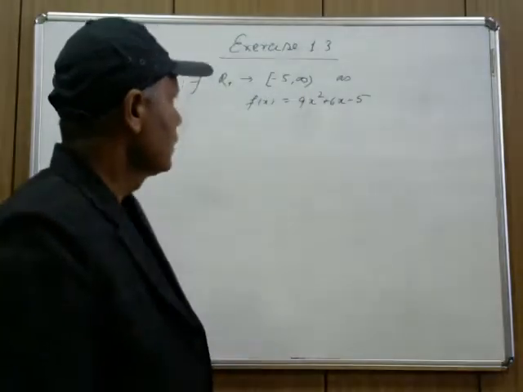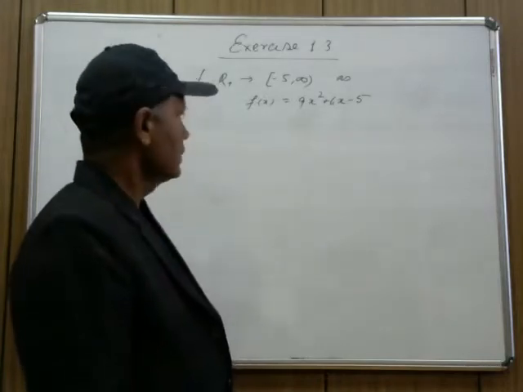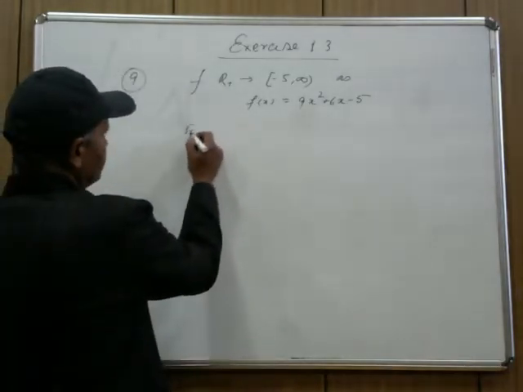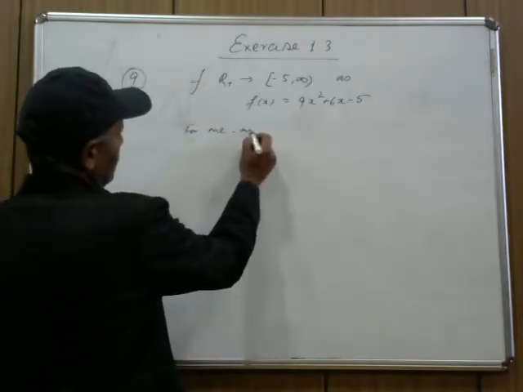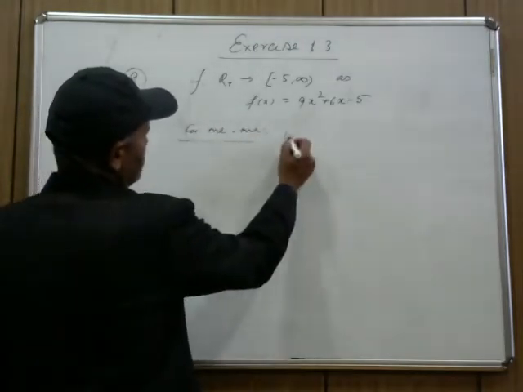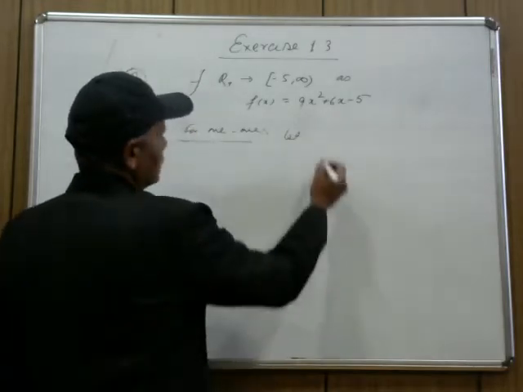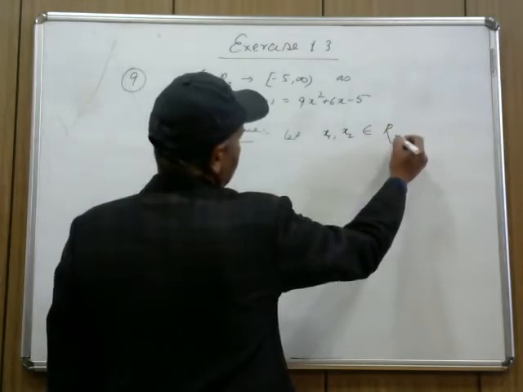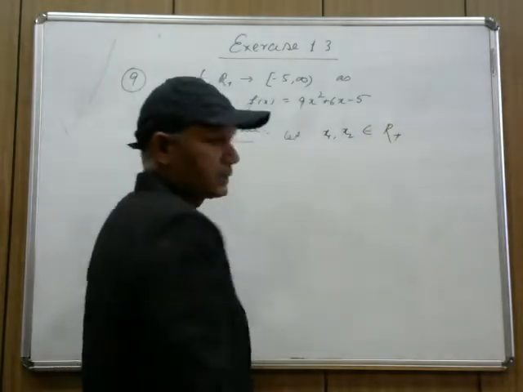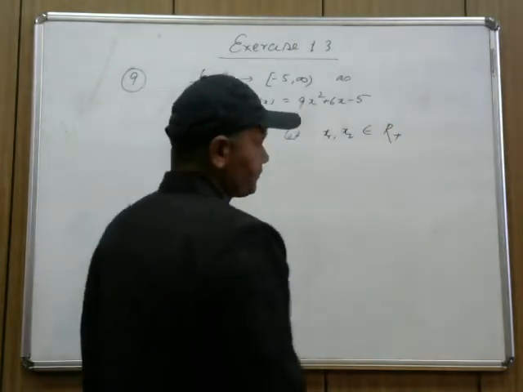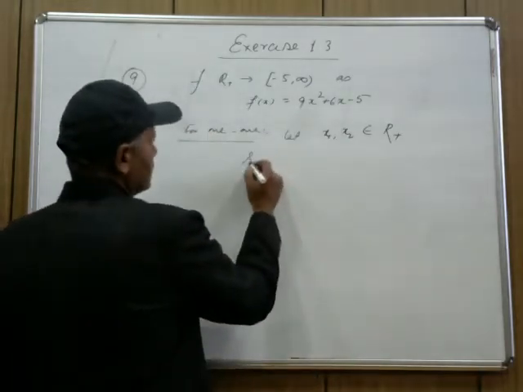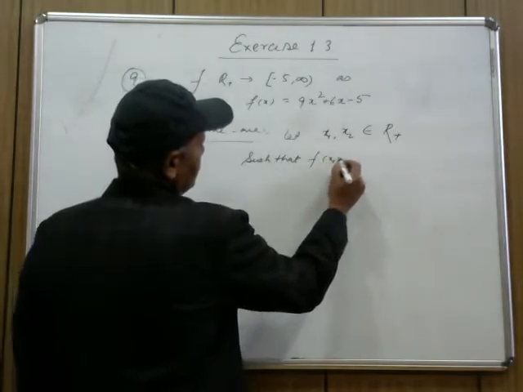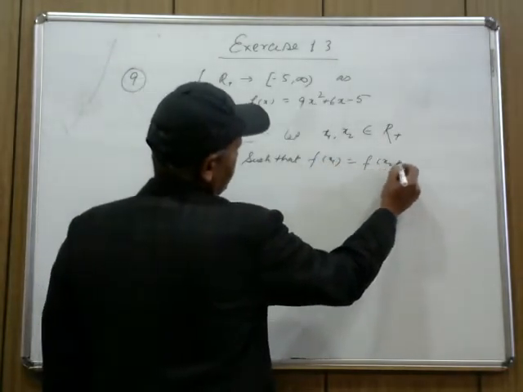Right. Now since we have to prove it is invertible or not, first of all we will prove it is one-one. For one-one, let x1, x2 belong to the domain of this given function, that is R plus, the positive real numbers, such that f of x1 is equal to f of x2.